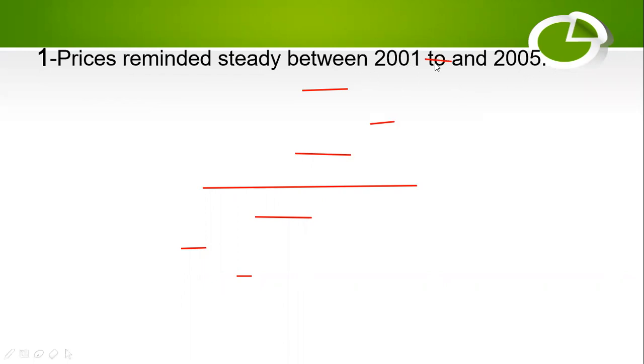Now, in this sentence, the error is to. It's the incorrect one. So instead of to, we use and: between 2001 and 2005.